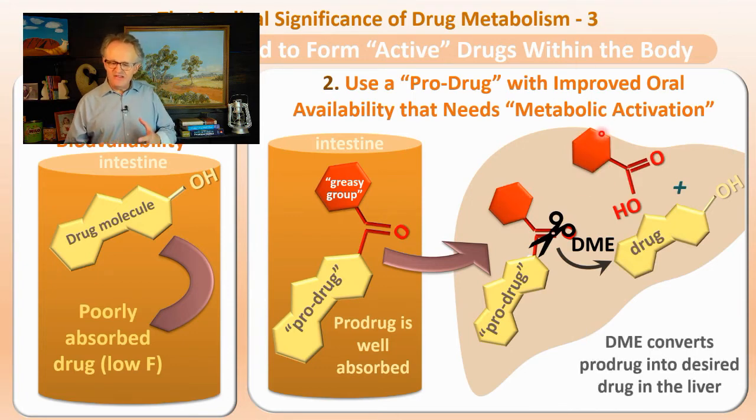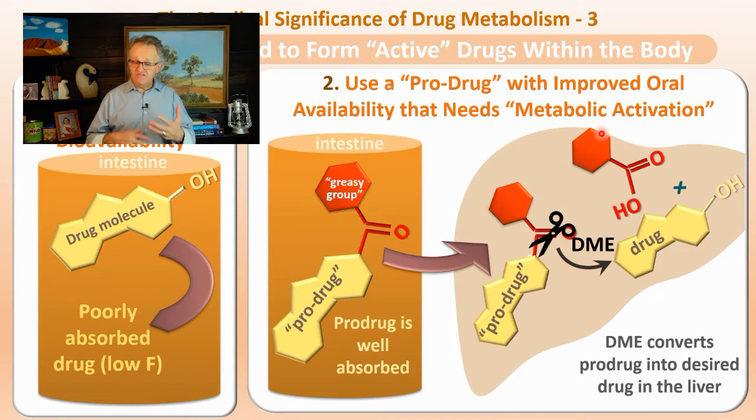Okay, so in this case, a drug metabolizing enzyme is converting an inactive prodrug into an active pharmacological agent within the liver. You might think, oh, who cares about this? Why am I talking about this? But this is actually becoming quite important because about 1 in 6 drugs or so nowadays that get approved in the modern world are based on a prodrug strategy. So this is becoming more important.